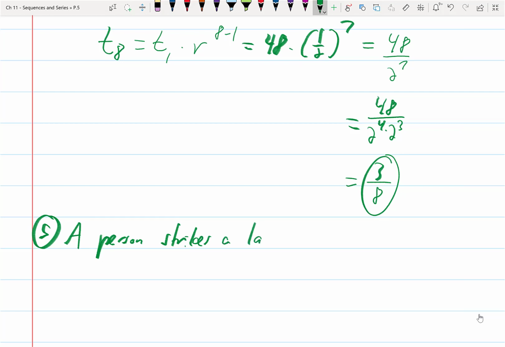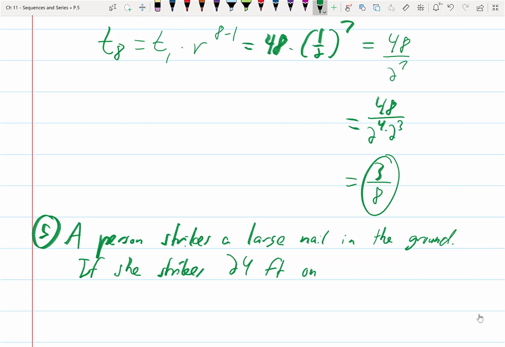strikes a large nail in the ground. If she strikes 24 feet on the first hit, then she's incredible. We'll go inches because that's going to be taller than anything that ever was.